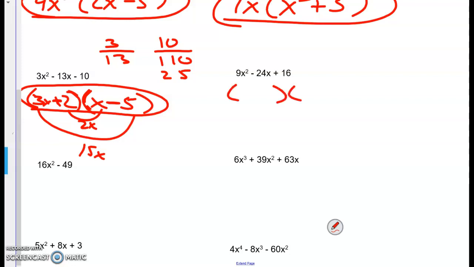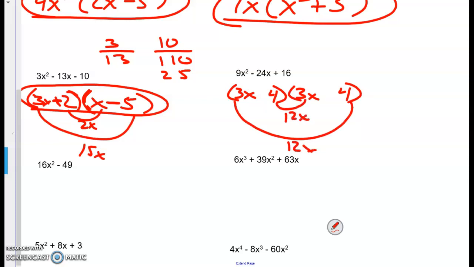So the first thing I'm going to check is the square roots of those numbers: 3x and 3x, which is the square root of 9x squared, and 4 and 4, which is the square root of 16. 3x times 3x is 9x squared. 4 times 4 is 16. Now, is there a way to get 12x and 12x to equal negative 24x? Sure there is. If I make them both negative, negative 12 and negative 12 is negative 24.